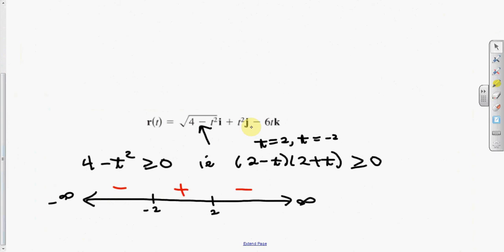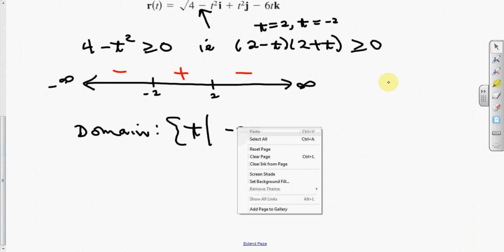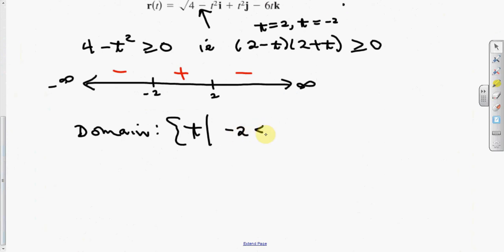So here my domain would be all values of t from negative 2 to 2. So here for all t such that negative 2 is less than or equal to t less than or equal to 2.